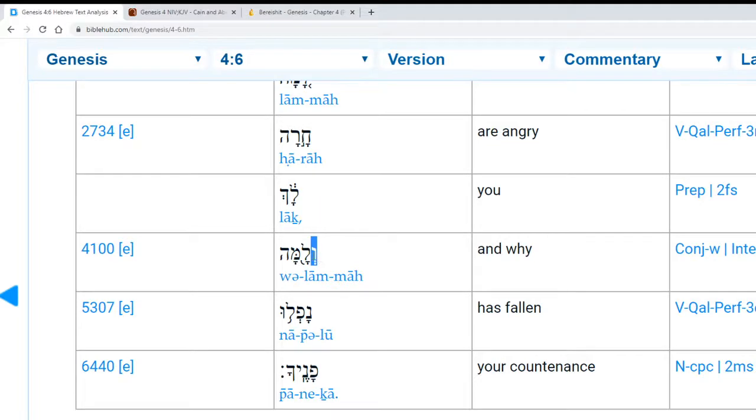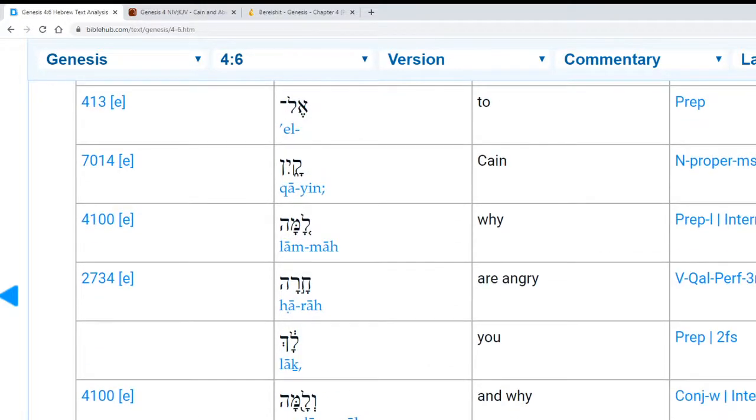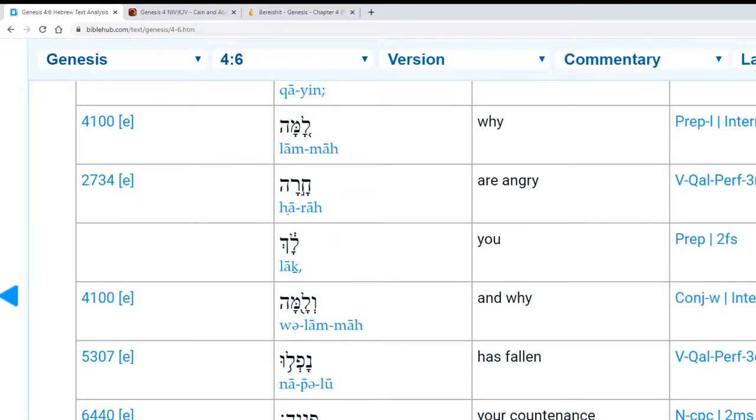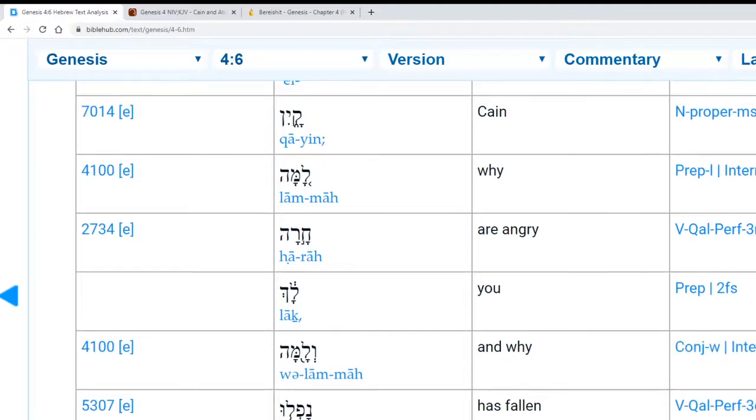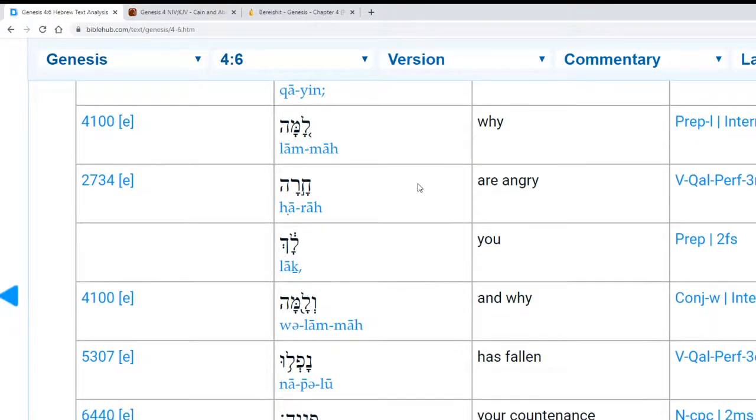Velama, so conjunctive vav, and again this word lama, interrogatory. And interestingly here, right? They don't have the prepositional. So in the same sentence, they're using different morphology. I'm not sure why lama here is an interrogatory by itself, and lama here has a prepositional lamed, and the interrogatory is mem hey.